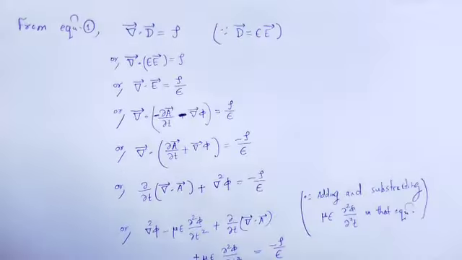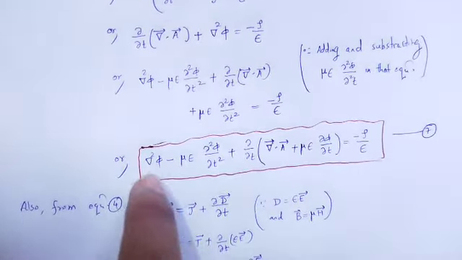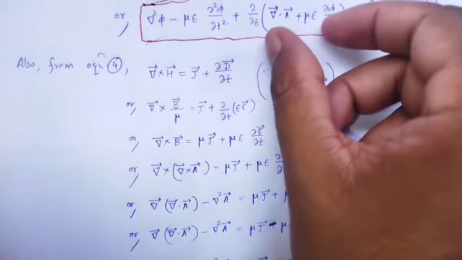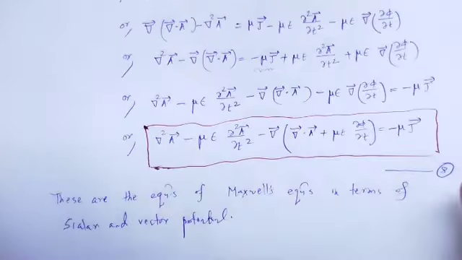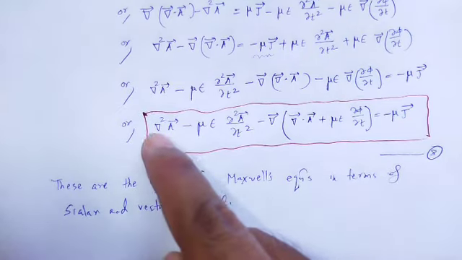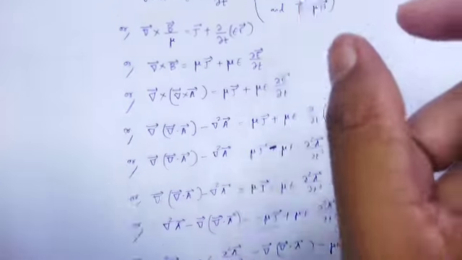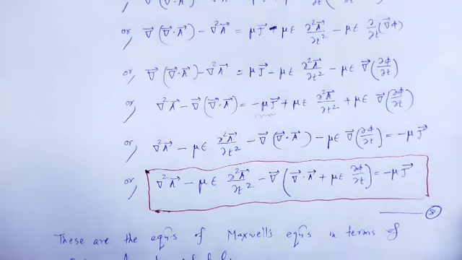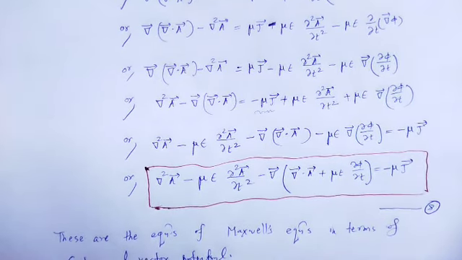Now equation number 7 is the Maxwell's equation in terms of scalar potential phi, and in equation number 8, Maxwell's equation in terms of vector potential, that bracket term is the same. These are the Maxwell's equations as derived in terms of scalar as well as vector potentials.